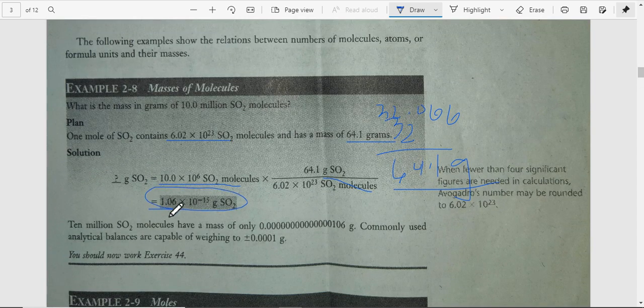Usually, you should not invert the factor, so that you can cancel out your molecules. Always remember, if you are asked for grams and you are only given molecules, it is your obligation to find the molecular weight of the compound. It is easy to find.